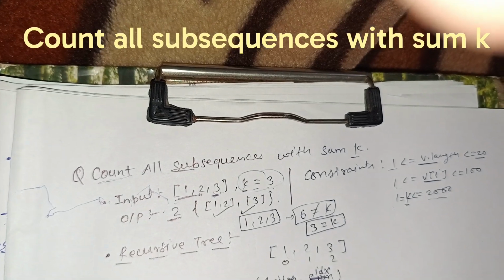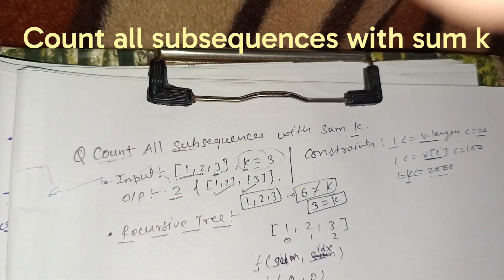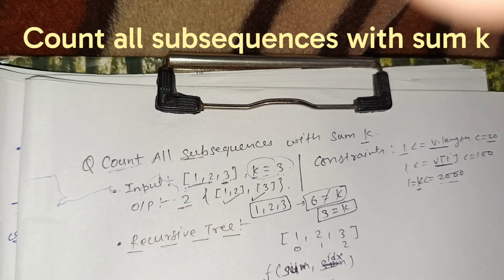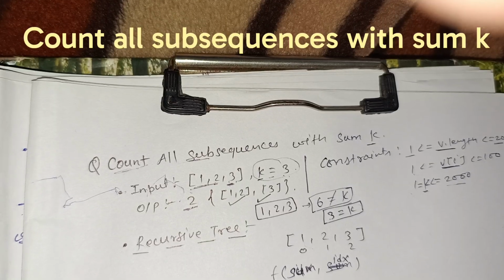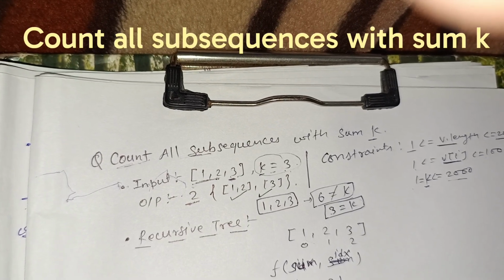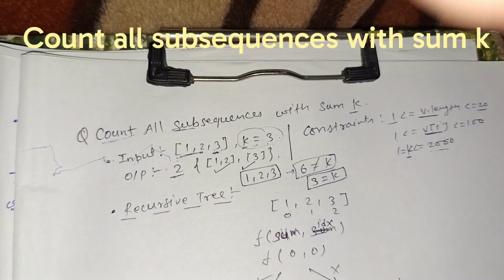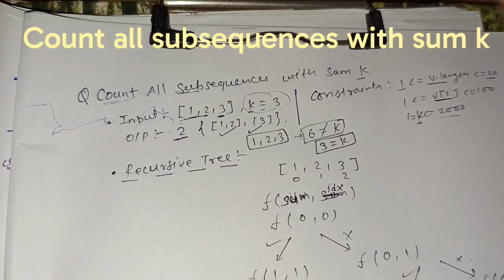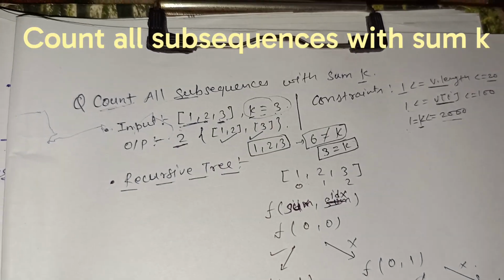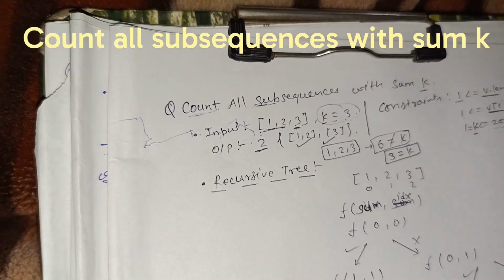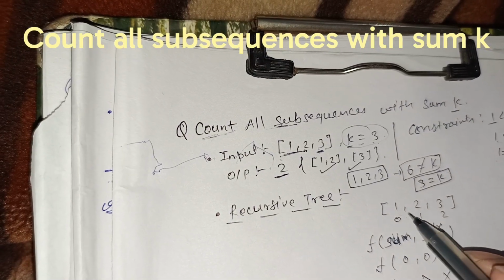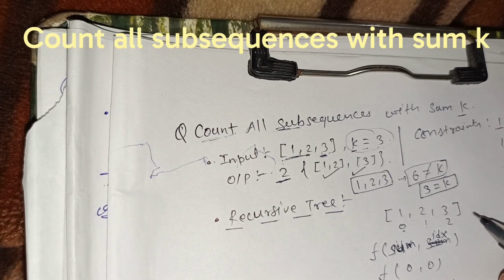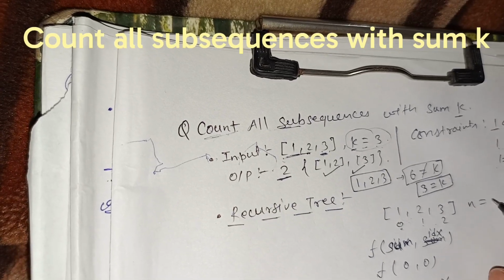Now first we see the recursive tree, and then later we will see the code, and finally we can analyze the time complexity of the recursive code. Let's put the given input 1 2 3, index 0 1 2, its size n is equal to 3.